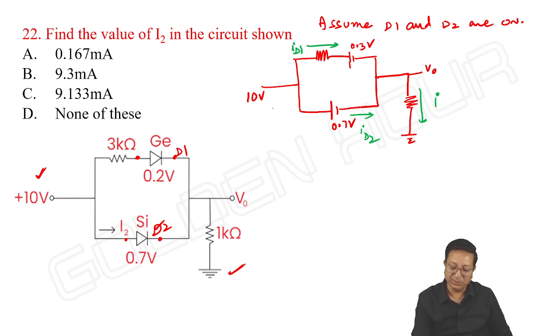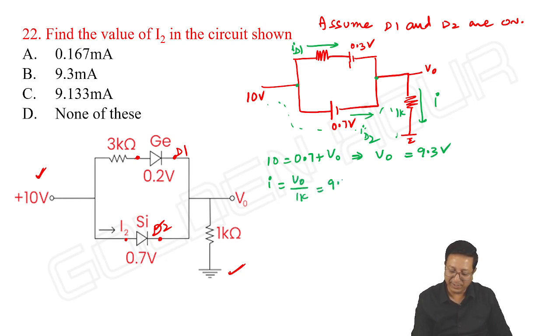If I take this particular loop, 10 is equal to 0.7 plus V output, which implies V output is equal to 9.3 volts. If that is the case, what about I? I is equal to V output by 1K, which is 9.3 milliampere. We got I as well.